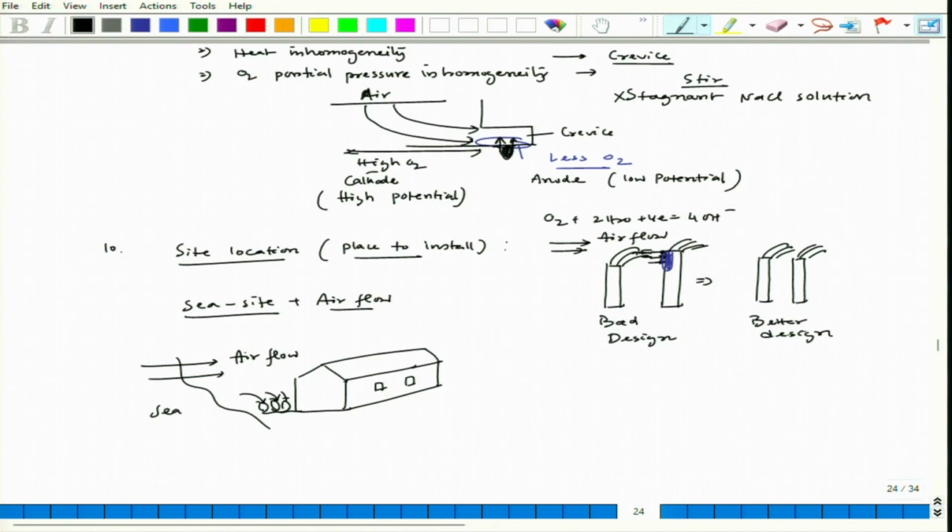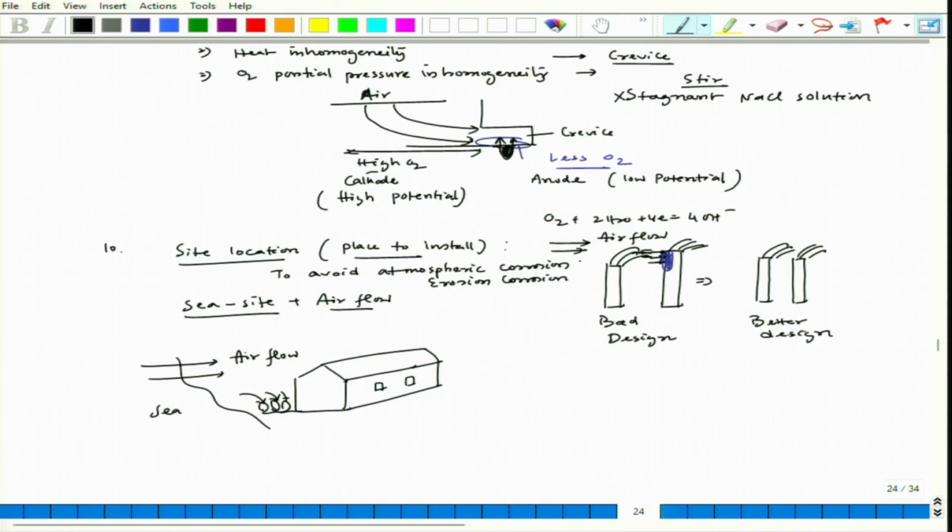So, the site location is basically to avoid atmospheric corrosion, or erosion corrosion. So, those kinds of corrosion aspects can be avoided.